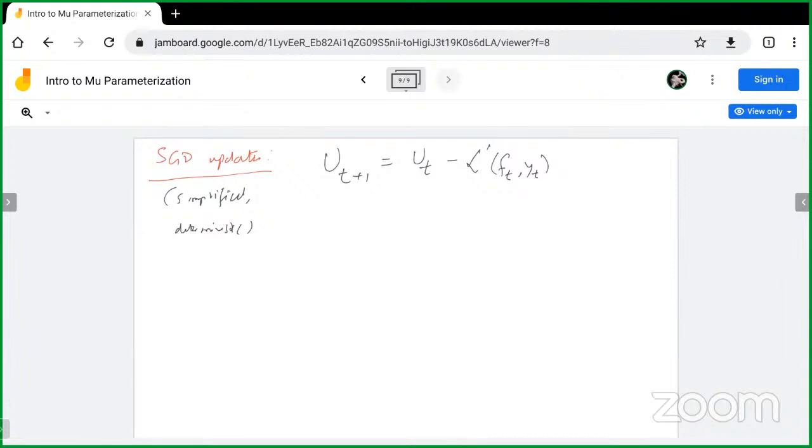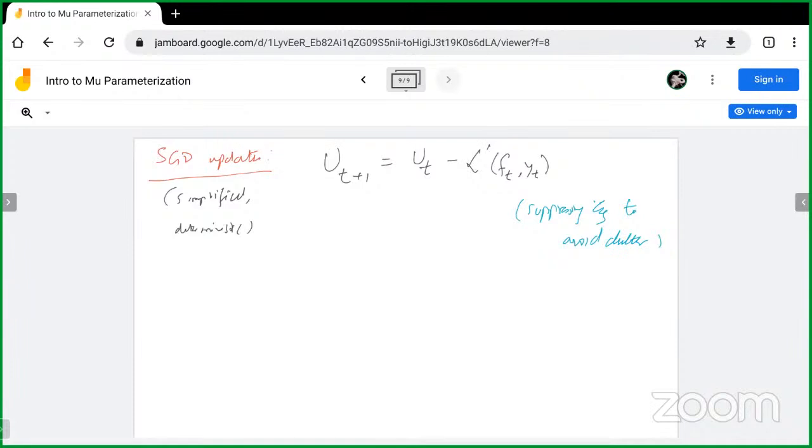Here I'm being a bit sloppy, suppressing the z for convenience. This y is from your training data.